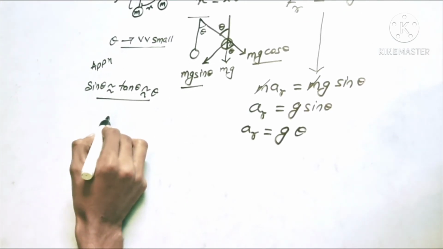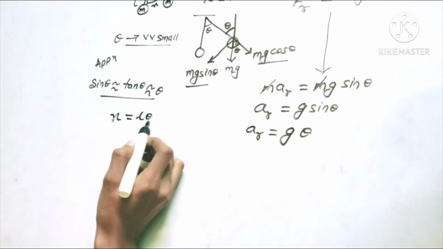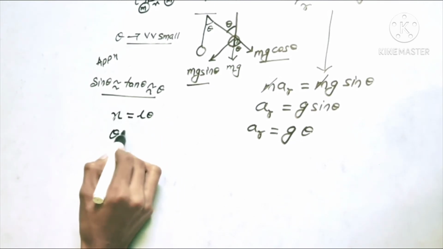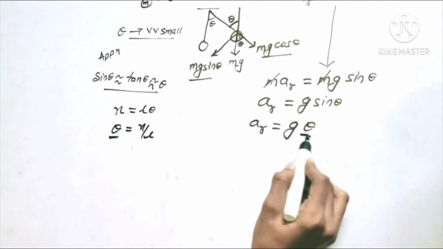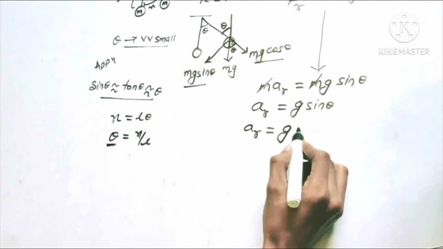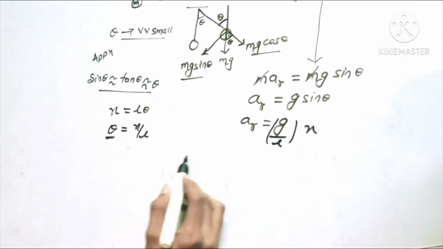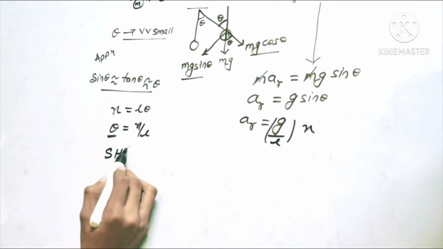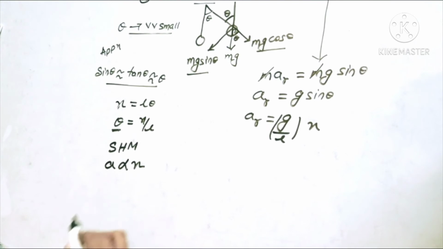So earlier we had written that the length of this arc x is equal to L theta. So this theta is going to be x by L. So we replace this theta here with x by L, and it comes out to be this. From the funda of SHM, we know that acceleration should be directly proportional to x.